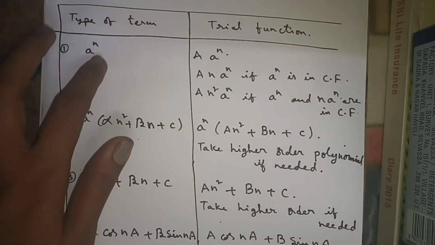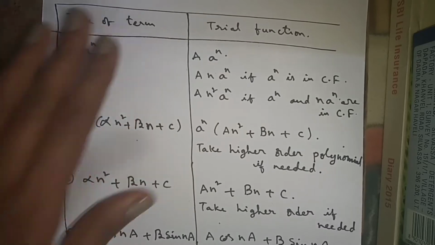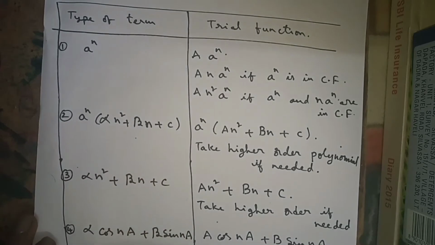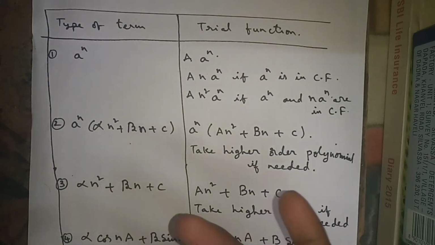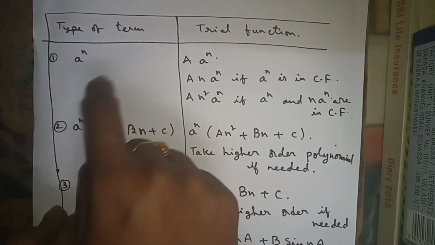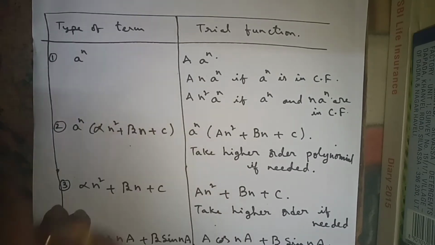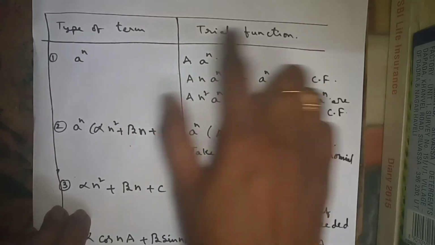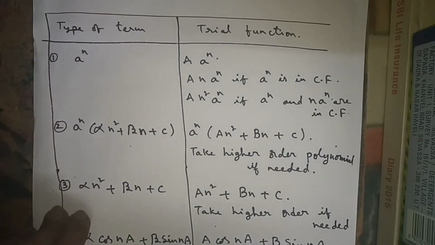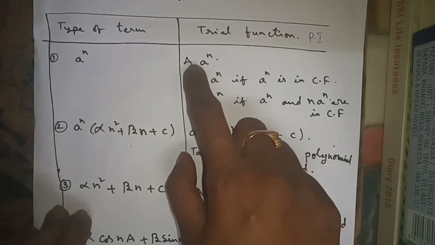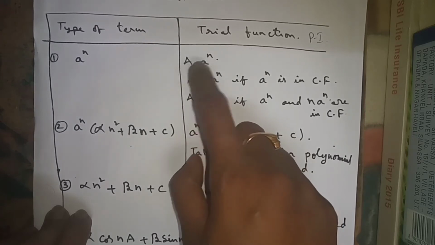If the RHS in the given recurrence relation is in the form a to the power of n, for suppose the RHS is in the form of 2 to the power of n, or 5 to the power of n, or 3 to the power of n, something like that, then the trial function, that is the particular integral, will become capital A into a to the power of n.